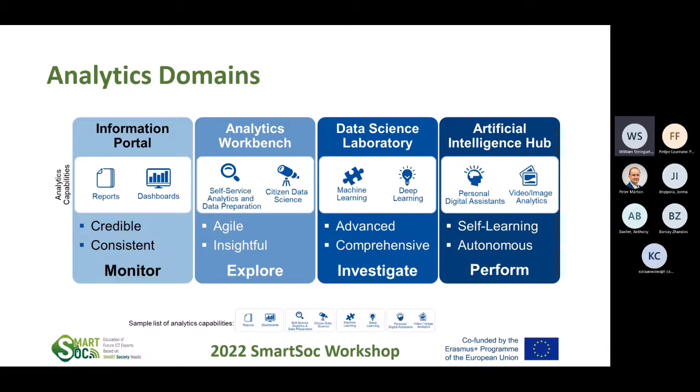Then the next stage is to investigate and to connect facts for predicting new facts, for example, based on machine learning or deep learning, which is a higher level of data based on previous facts. And then performing, where the system can predict new facts based on learned associations in data, which means data thinking and predictions based on, for example, also algorithms of artificial intelligence.